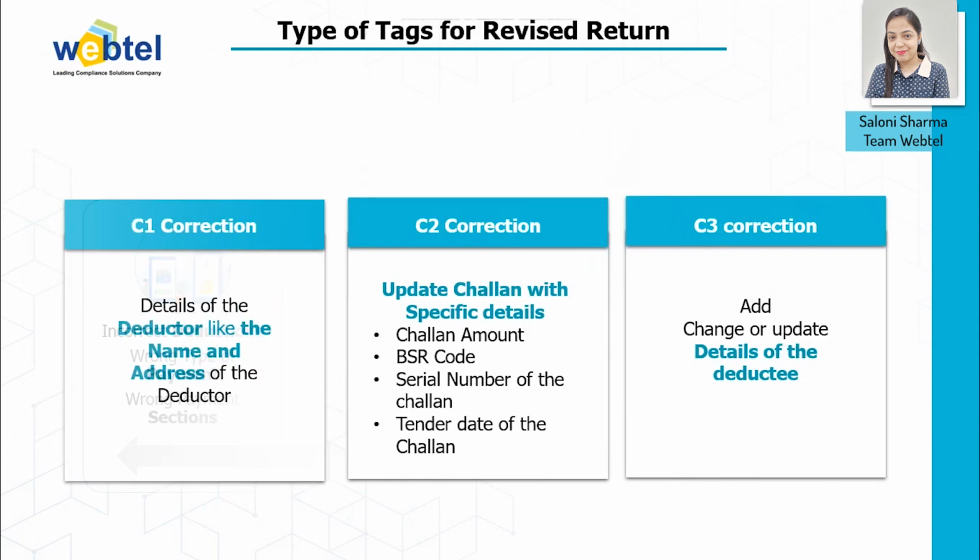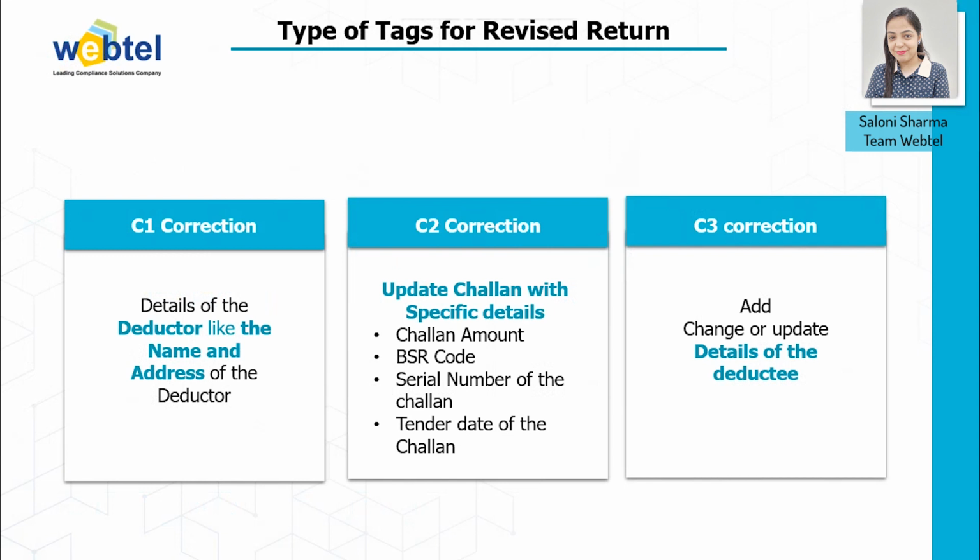Now let's look at the types of tags that will go in the revised return. If you make any changes in the deductor details, like the name or address of the deductor, then the C1 correction tag will be reflected. C2 correction is related to the challan details.